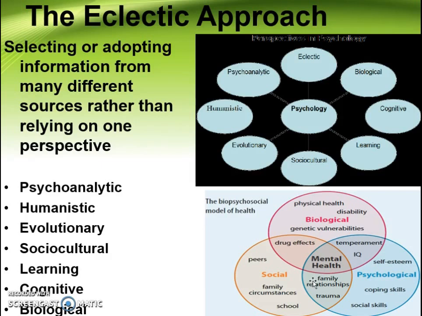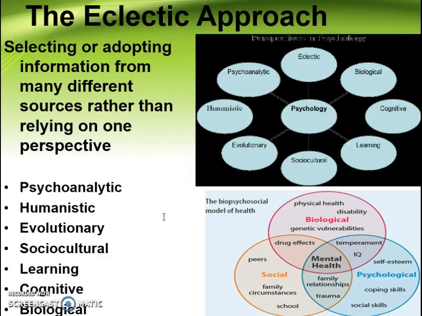So in this presentation, we have talked about the goals of psychology, which are describing, explaining, predicting, and control. We've also talked about why we study psychology and the importance of what all of that means. We've broken down the definition of psychology into its various components.